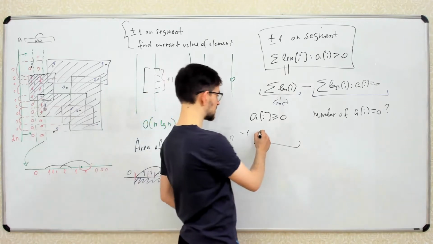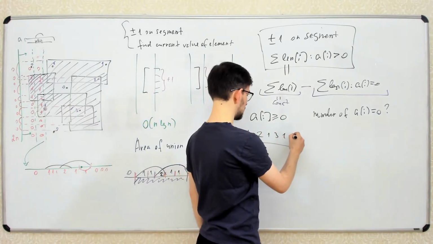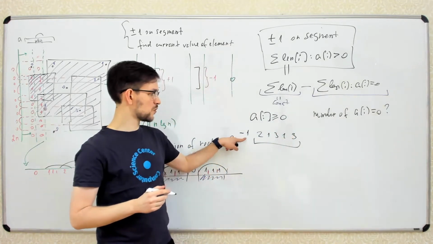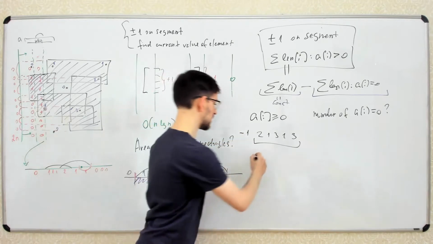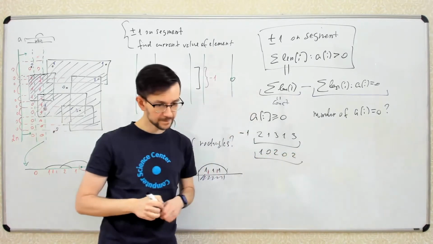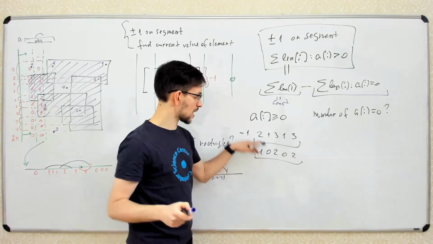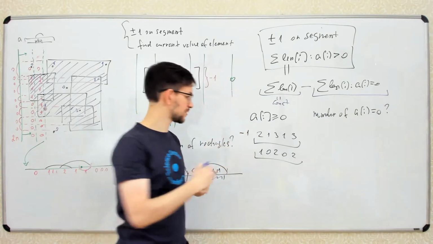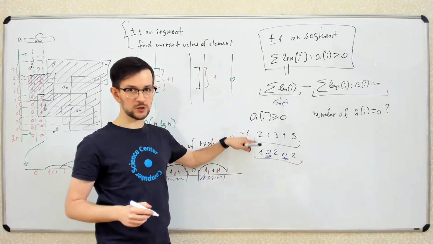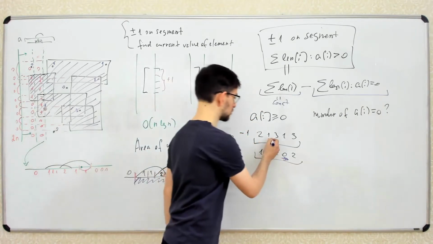So we have some array, and if you apply the -1 operation to this array, you will have this array. And in this array, after you apply this operation, you want to know the number of these zeros. It means that in this segment, you want to know the number of ones.